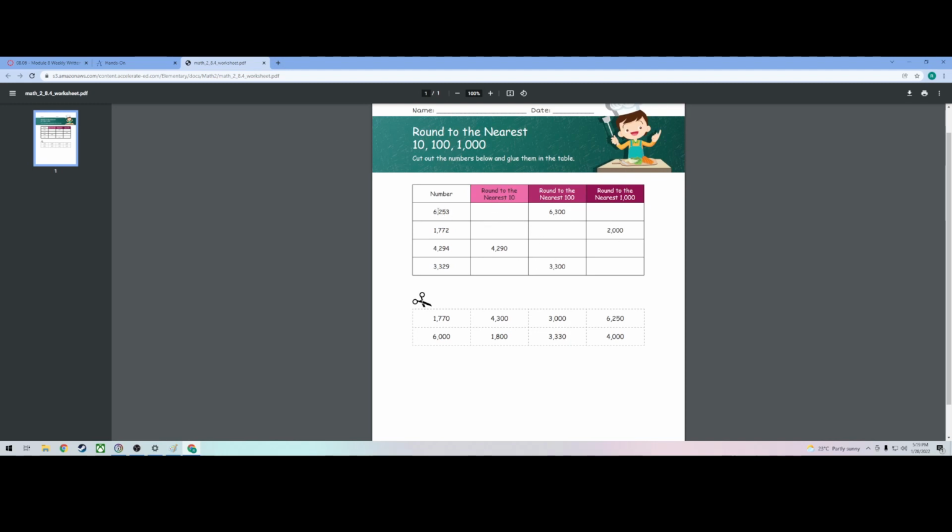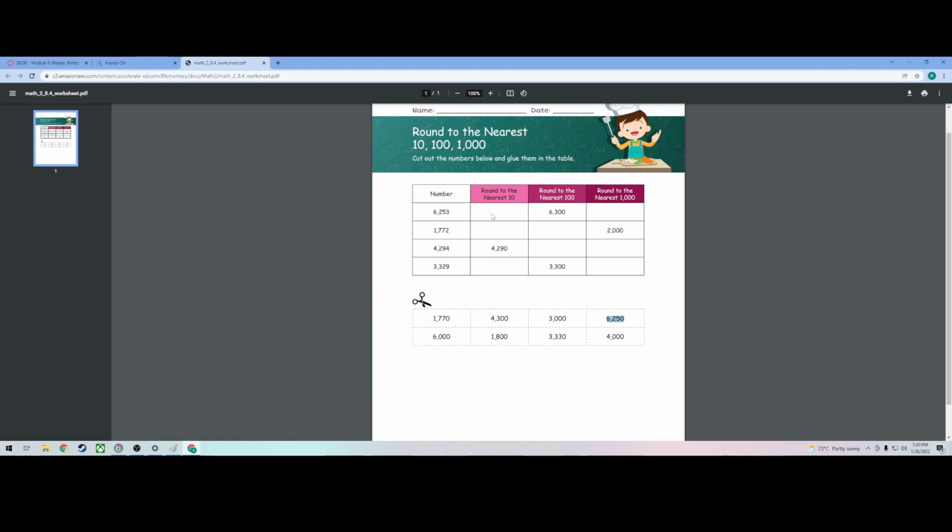So here this number is 6253. Which number is it when rounding to the nearest 10? When I say nearest 10, I am concerned here with 53. 53 comes between 50 and 60. So rounding 53 is 50. So the number rounded to the nearest 10 is 6250.